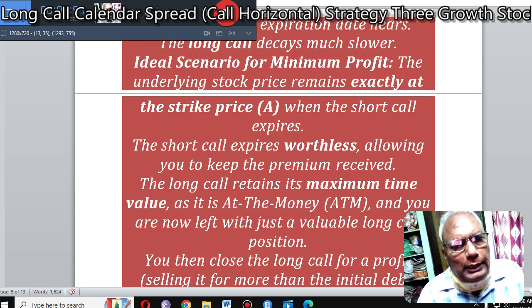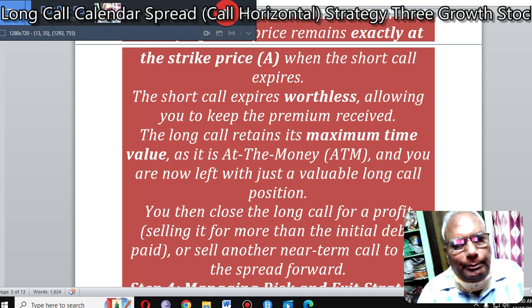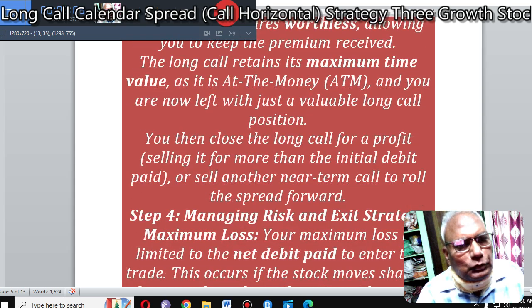The long call retains its maximum time value as it is at the money (ATM), and you are now left with just a valuable long call position. You then close the long call for a profit, selling it for more than the initial debit paid, or sell another near-term call to roll the spread forward.